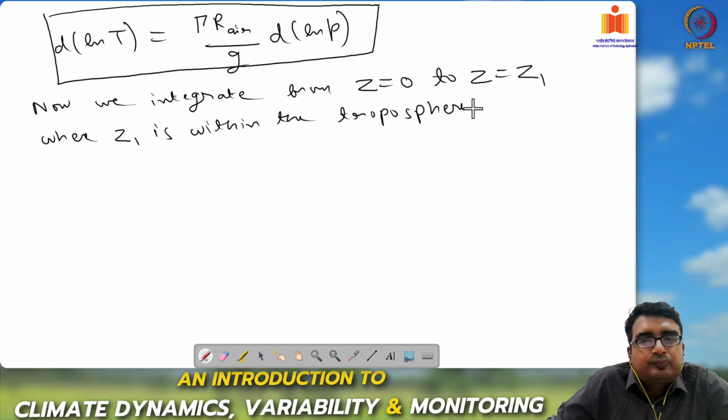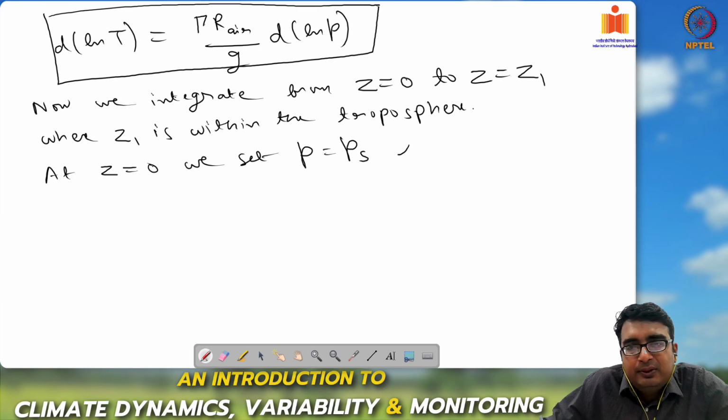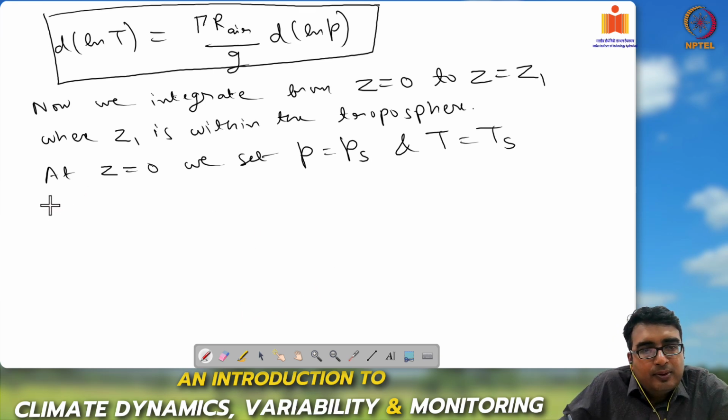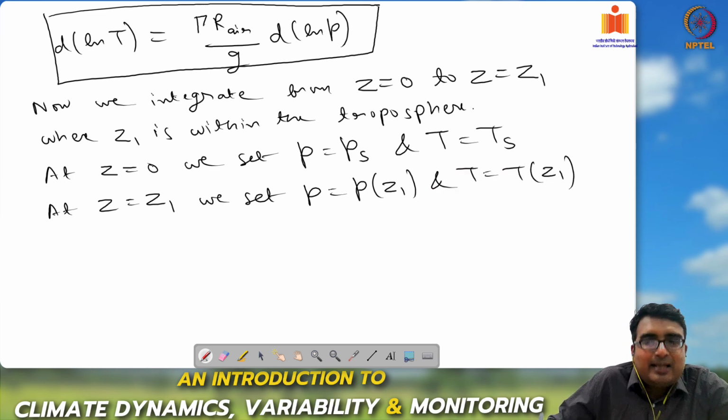At z equals 0, we set P equals Ps, the pressure at sea level, and T equals Ts, the surface temperature of air. At z equals z1, we set P equals P at z1 and T equals T at z1.